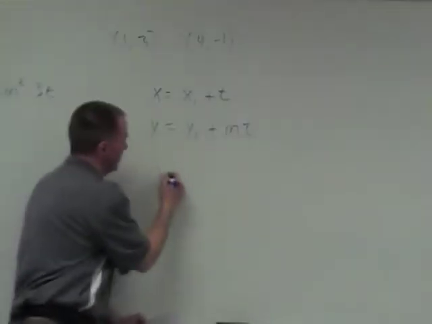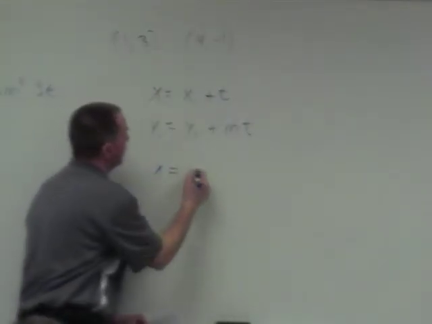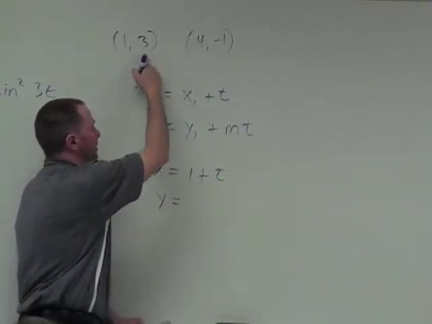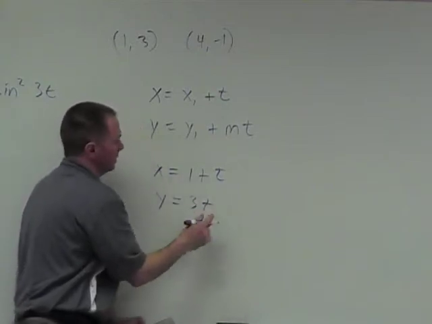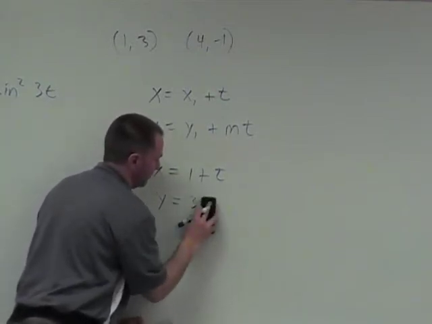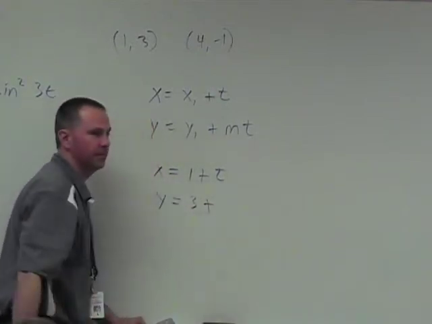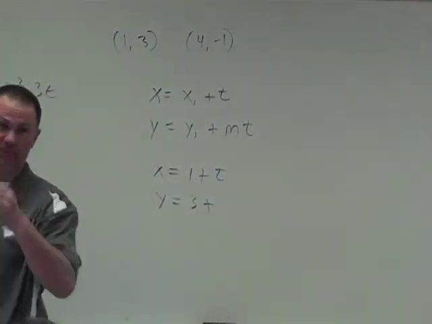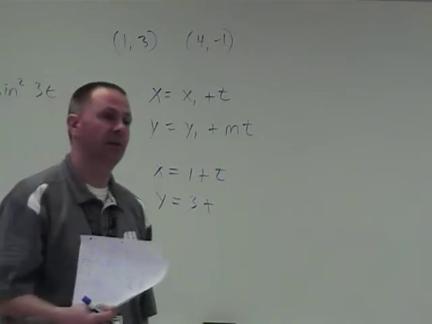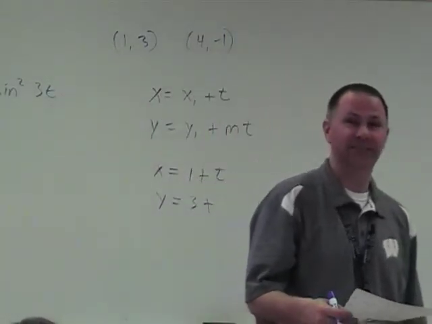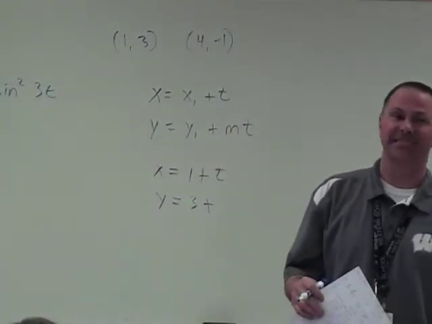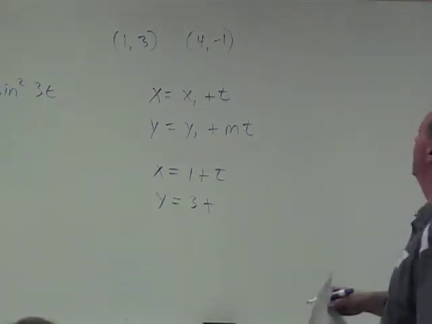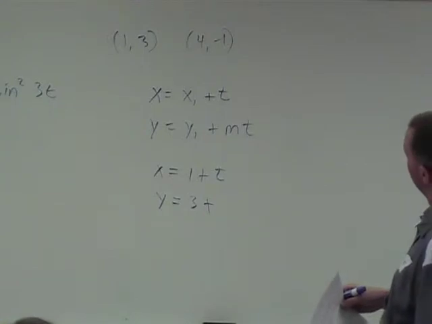So x is easy. 1 plus t. Y is going to be a little bit more difficult. Y sub 1 is 3. What's the slope between those 2 points? How do I find slope between 2 points? Pre-calculus students. He uses a slope formula. Isn't it 1 minus 4 over 3 plus 1 because it's like a -1?